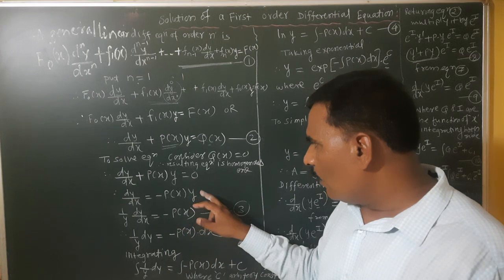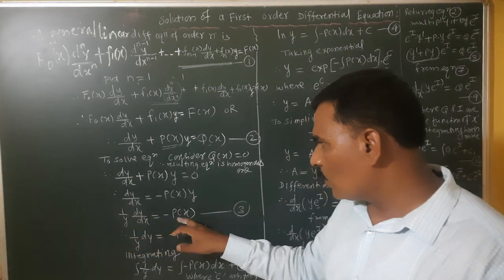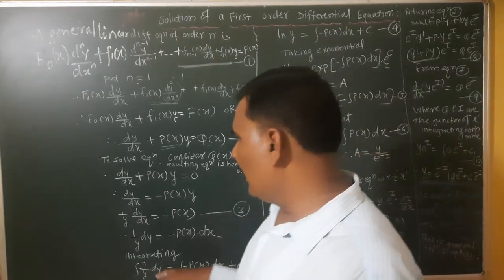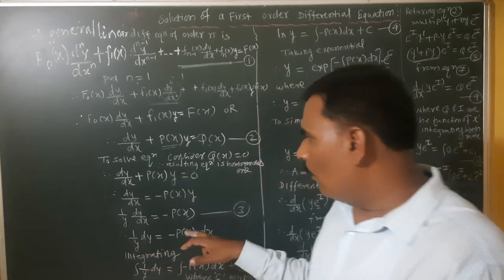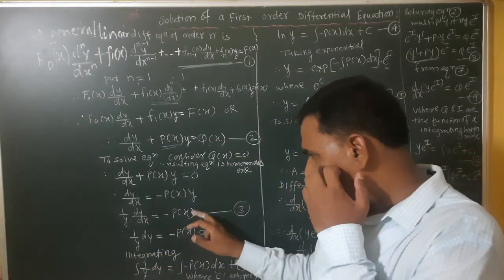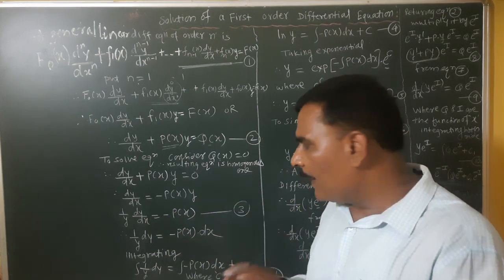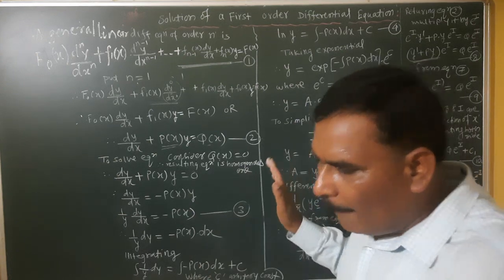Rearrange the equation, divide by y, 1 upon y dy by dx is equals to minus p of x. This is equation number 3. And finally 1 upon y into dy is equals to minus p of x into dx. Now integrating this equation, separate the variables and simply integrate.